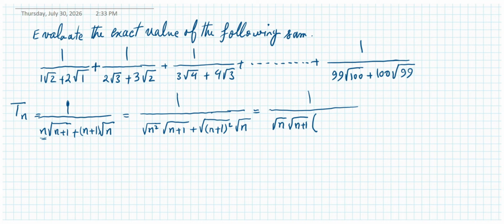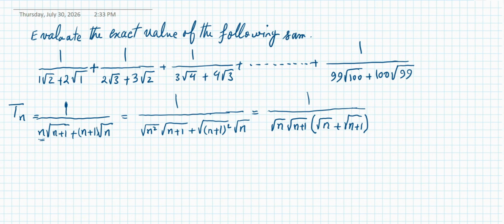If we do that, from the first term we get the square root of n, and from the second term we get the square root of n plus 1. We now multiply both numerator and denominator of this Tn by the square root of n plus 1 minus the square root of n.